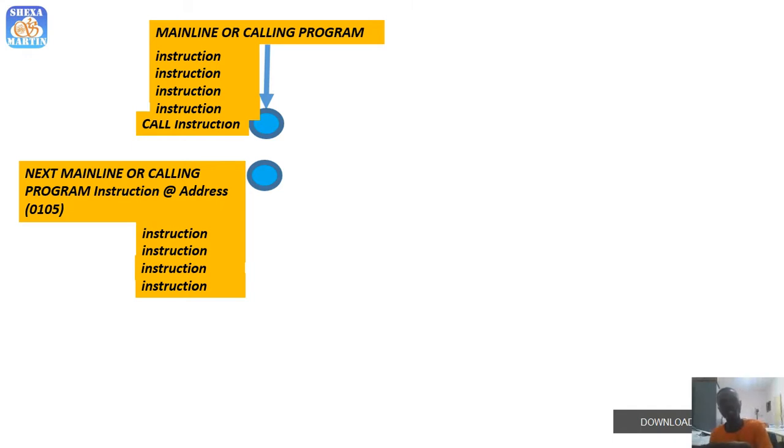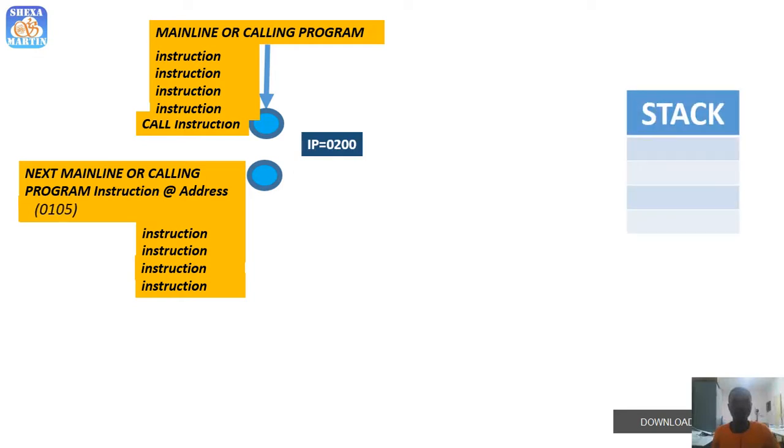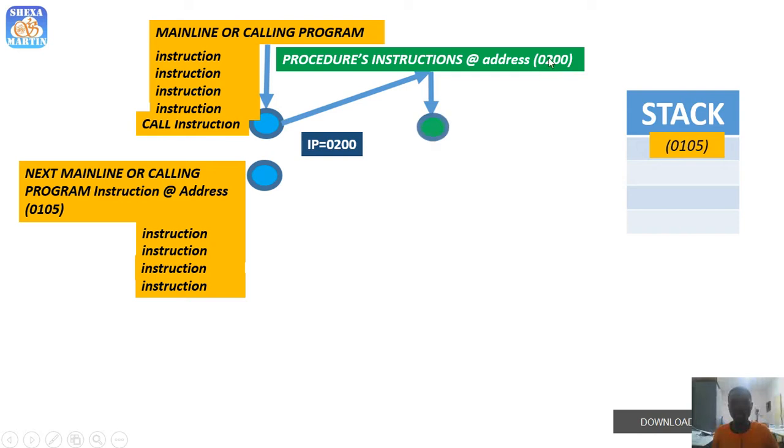After it goes to the top of the stack, the address of the next instruction to be executed in the called procedure is moved into IP, like that. So this is the next instruction to be executed in the called procedure. Then we have our IP having this value, and this value is stored into the stack.